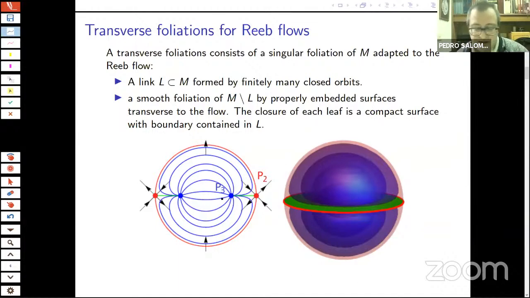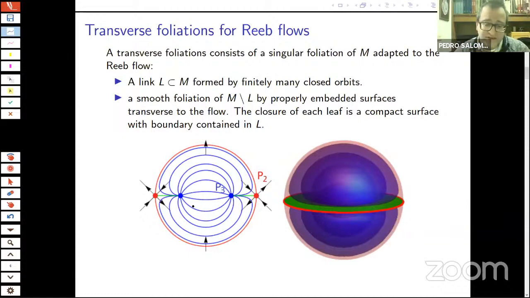And inside, we have this index 3 periodic orbit, and we have two planes bounded by this periodic orbit. Inside this two-sphere, we have this index 3 periodic orbit, which is concentric, and a family of planes.